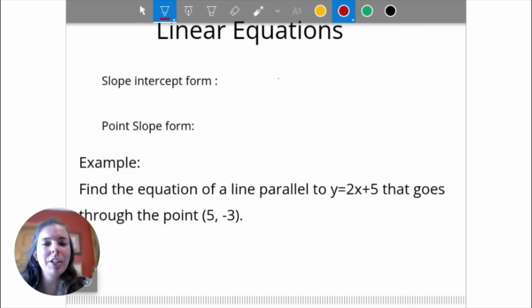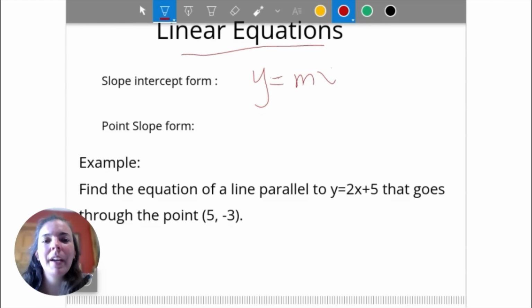All right, so linear equations is a topic that you may see in the QAS section. You may also see this in the AAF, the advanced algebra functions section. Okay, so slope-intercept form and point-slope form are two things you need to know to write our linear equations. So slope-intercept form is y equals mx plus b, where m is our slope and b is our y-intercept.